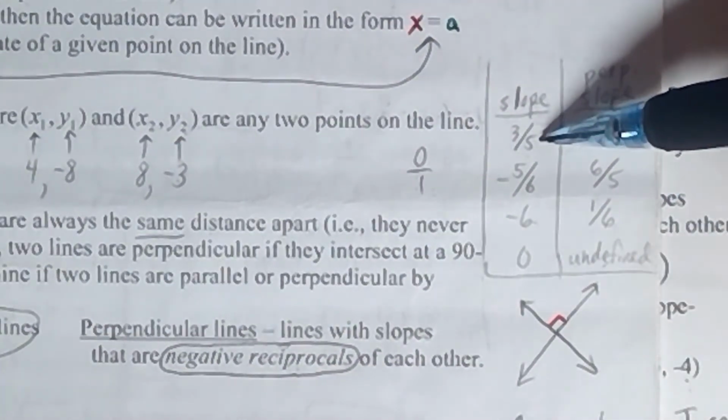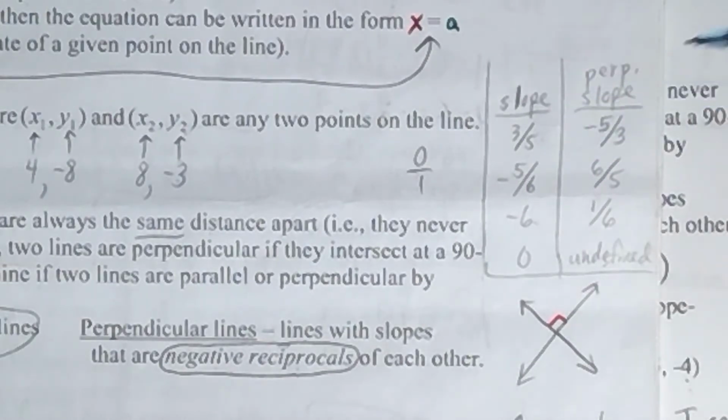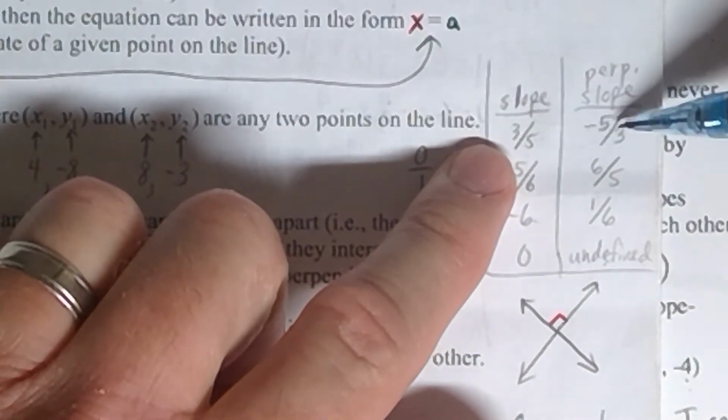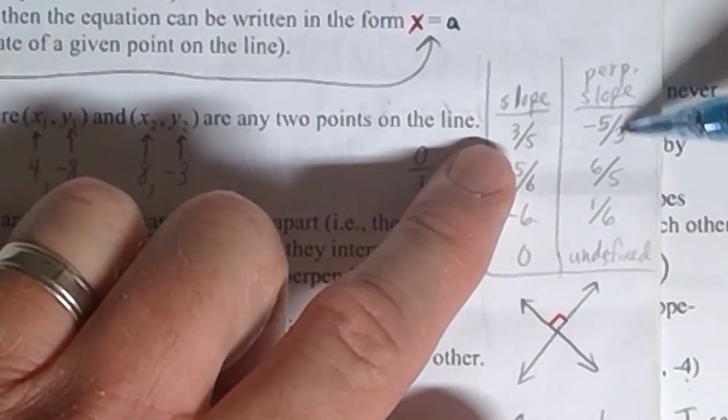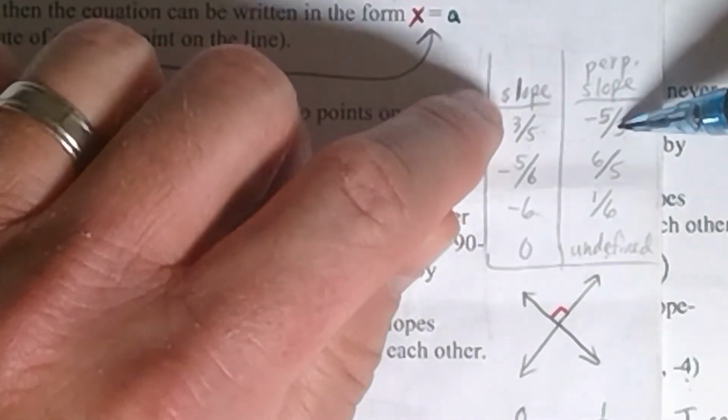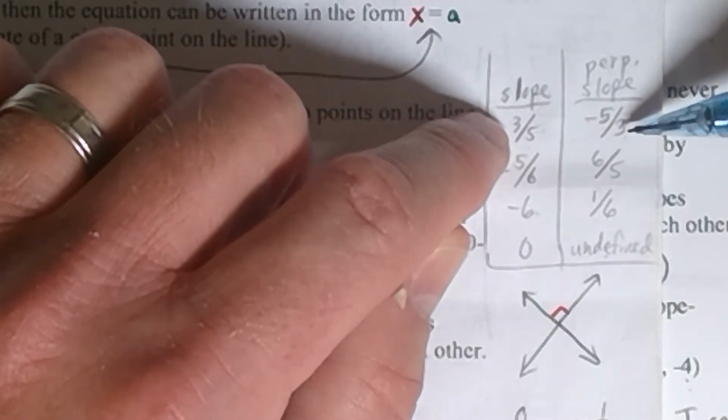Let's say your original slope was 3/5. Just to make sure you know what a negative reciprocal is, it means to flip it, that's the reciprocal, that would be 5/3, but then you take the negative of that reciprocal, and so the 5/3 would become negative 5/3. So the perpendicular slope would be negative 5/3 if the original slope was 3/5.